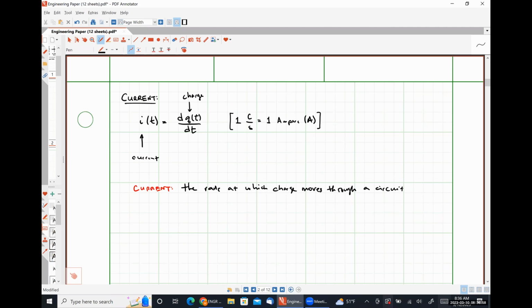And before I forget about it, we are going to manipulate this expression to get an equation for charge as a function of current, okay?